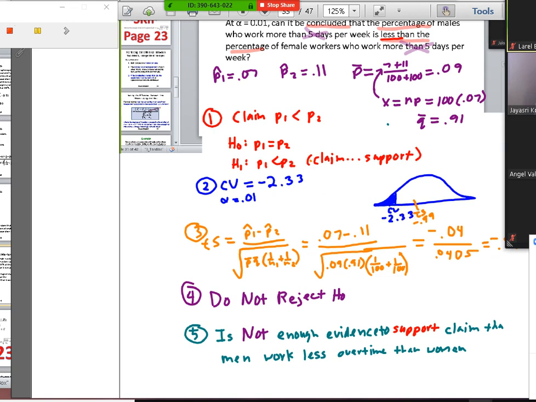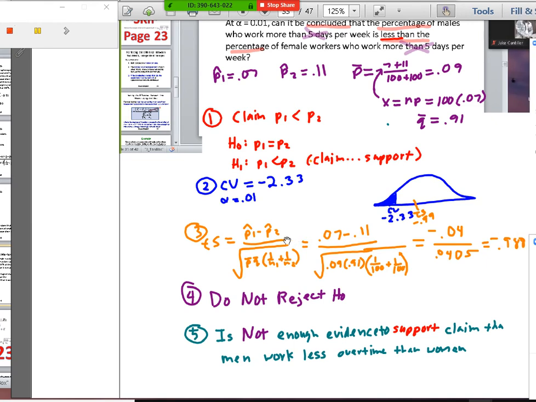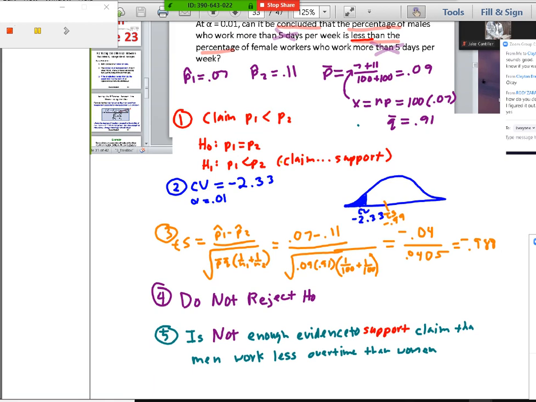So I'm going to find my test stat. My test stat is going to be p hat 1 minus p hat 2 over square root of p bar q bar times parentheses 1 over n1 plus 1 over n2. So 0.07 minus 0.11 over square root of 0.09 times 0.91 times 1 over 100 plus 1 over 100.